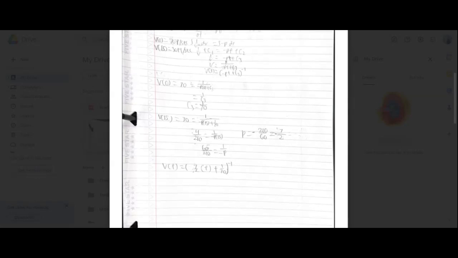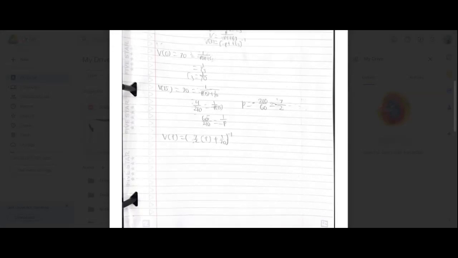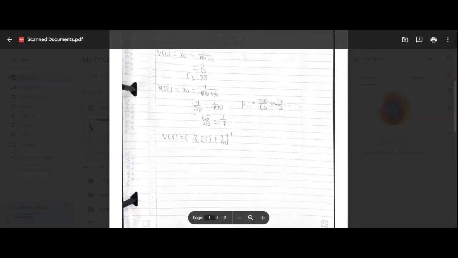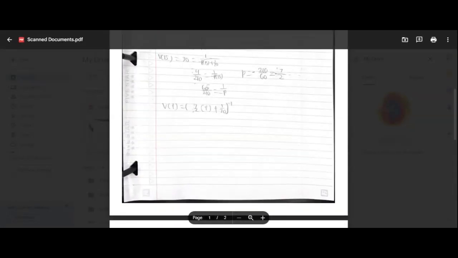I simplified that, which makes my velocity equation v of t equal to 7 over 2 times t plus 1 over 70, all under 1. I just put in the negative to the power of negative 1 just to simplify it for my sake. Positive 7 over 2? Yes, it should be positive, because if this is negative over p, it should come out as positive.